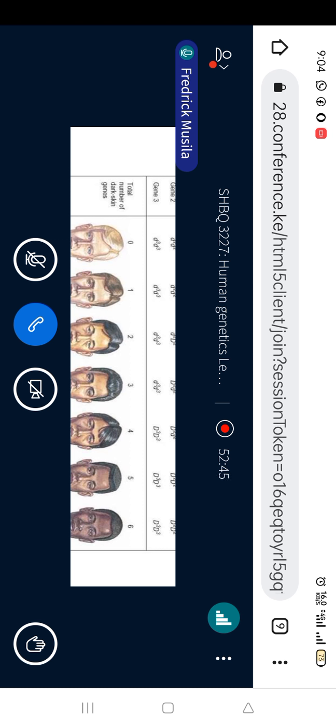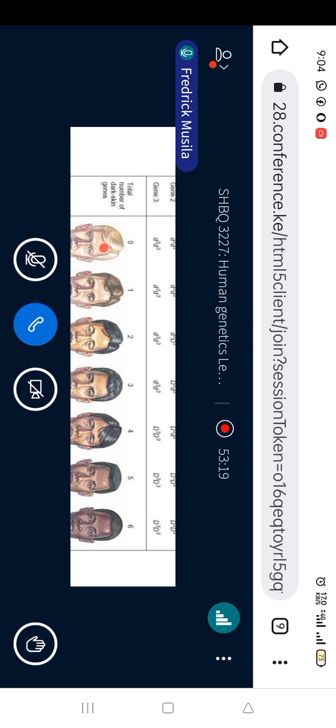Then when these people went to Europe, near the poles, you find that there's very little sun there. So the recessive genes were actually selected, because these recessive genes lead to production of less melanin. Less melanin is needed so that they don't block radiation from the sun, and they can get as much as they can from the little sunlight they get, unlike around the equator, where the sunlight is a lot.